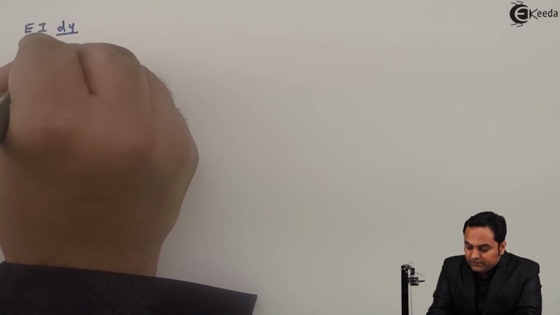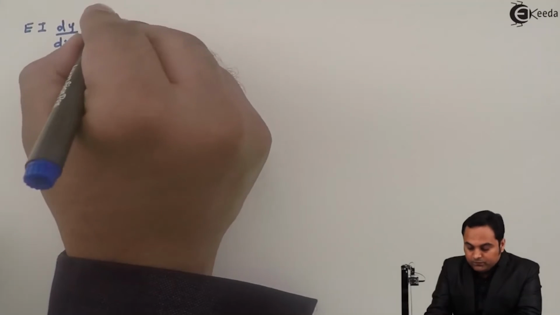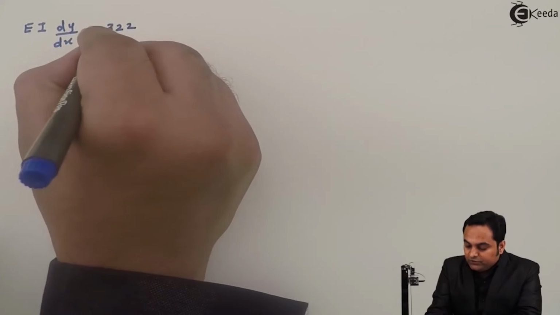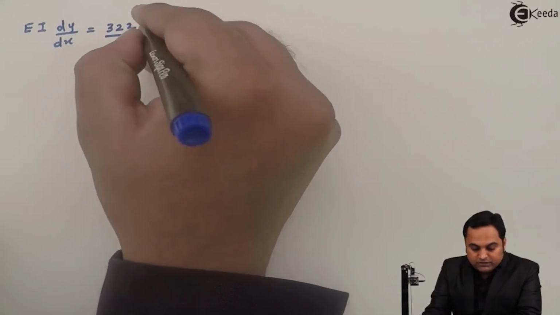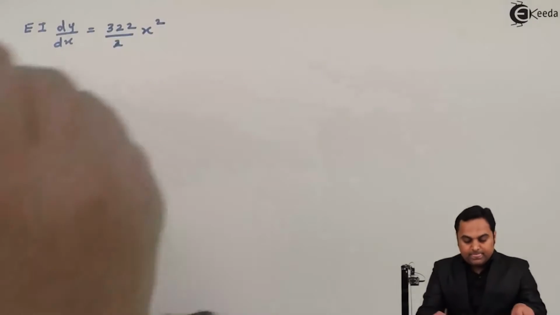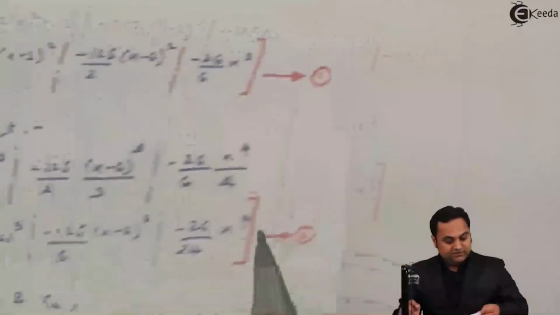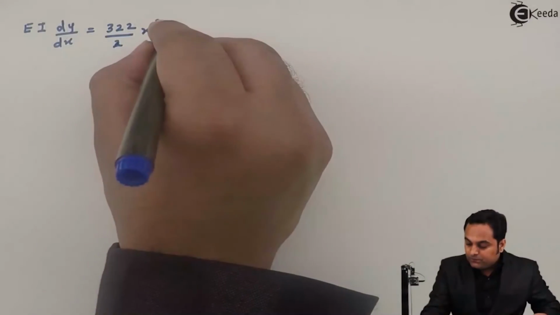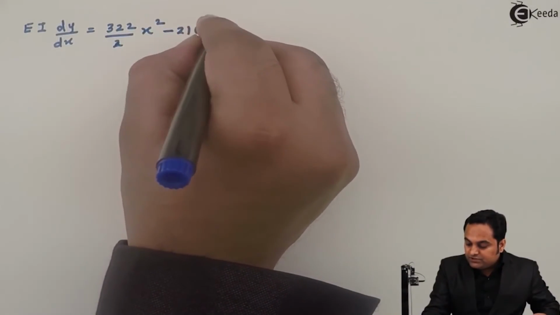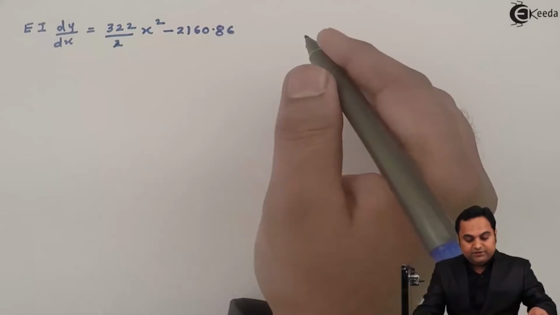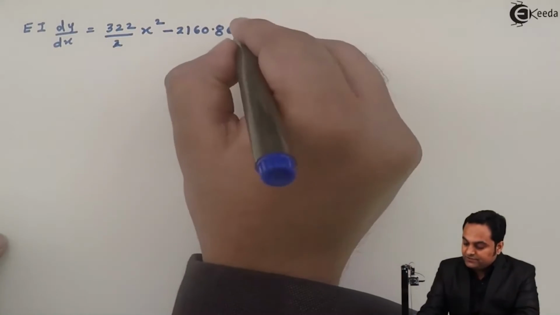So we have the first equation in which EI, it was dy by dx is equal to 322 by 2 x square, and then it was plus C1 is minus 2160.86, and the remaining terms I'll write them as it is.